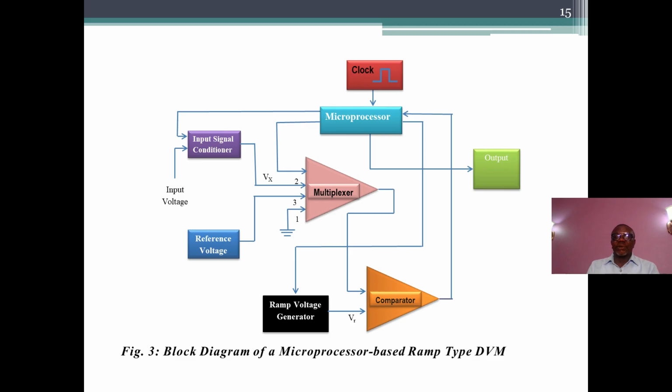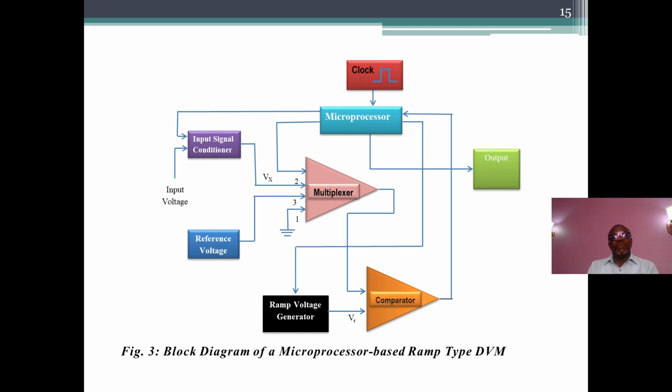Immediately it is clocked to start, it takes the readings. So you can see that the comparator reading output, which is fed into the microprocessor, will quickly from the microprocessor be fed to the output. So that is the cycle anytime you want to measure your signal.